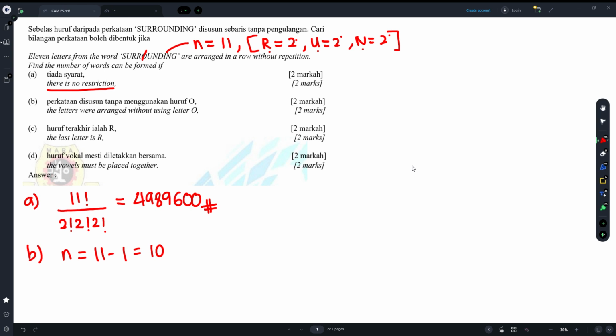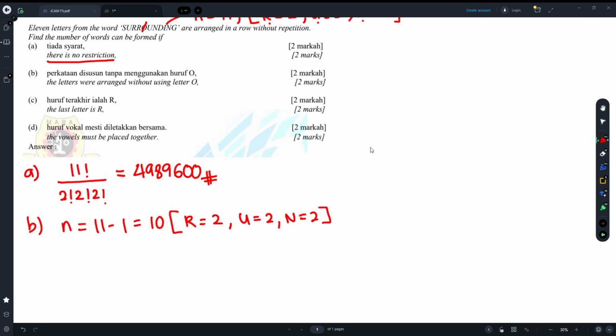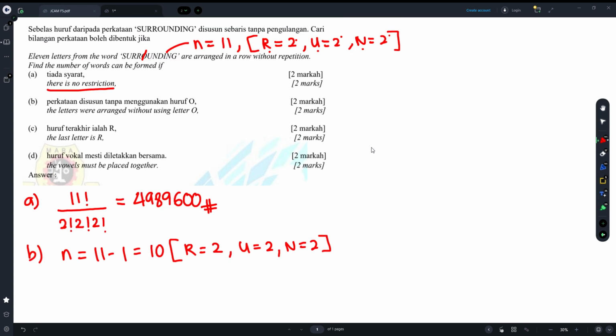But even among these 10 letters, we still have R repeating two times, U repeating two times, and N repeating two times. Please take note of this. We are just removing the letter O, and O was not repeating in part A of the question.